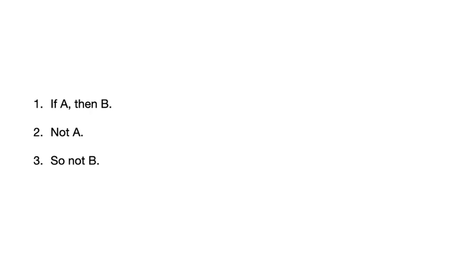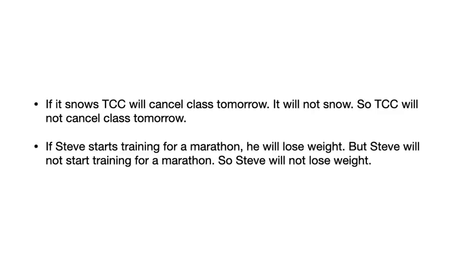Denying the antecedent, fallacy. This is not a valid form of argument. Now look, I think one of the reasons this is attractive is that, if we're thinking about inductive reasoning, then one reason we'll cancel class is snow. It's not snowing.